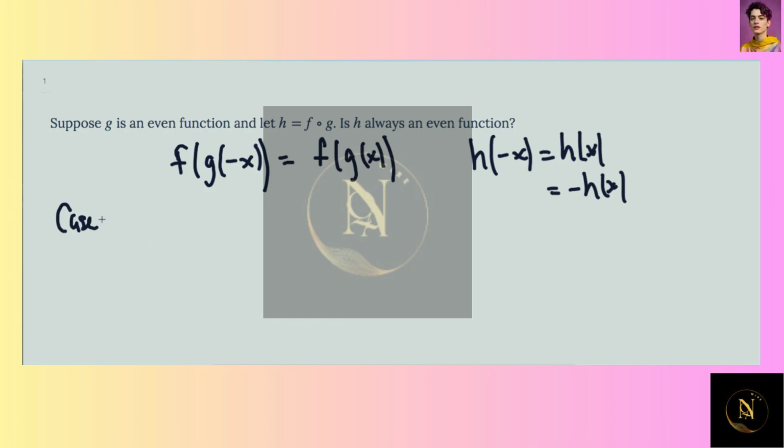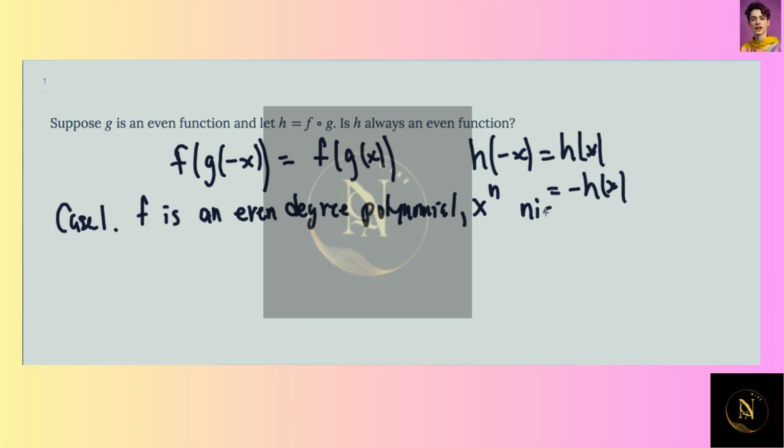case 1, where f is an even degree polynomial, say like a power function x to the power n, where n is even, and of course g is also even as well, and let's call that x to the m, where m is even as well.